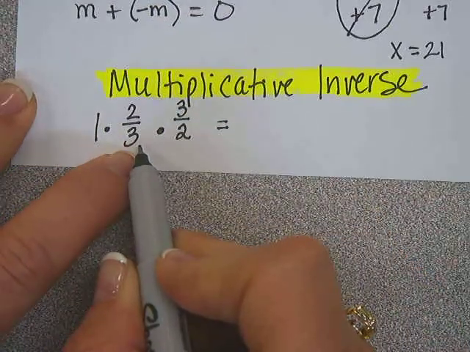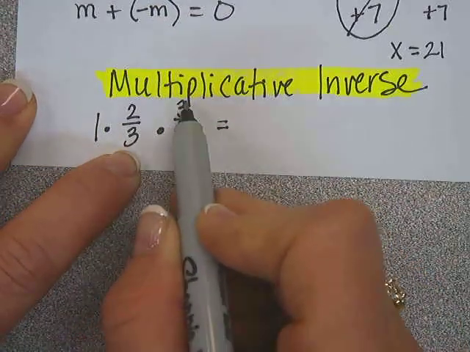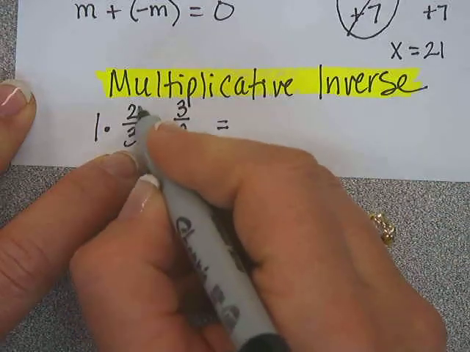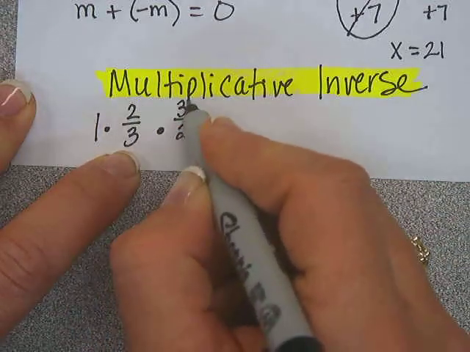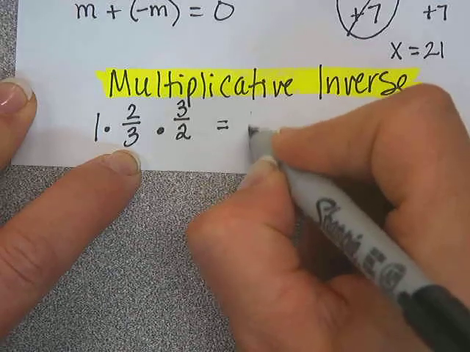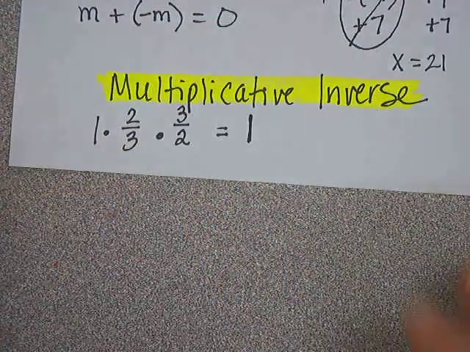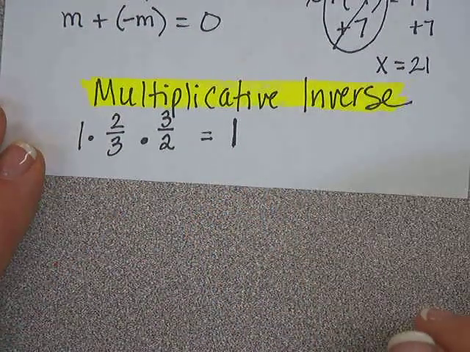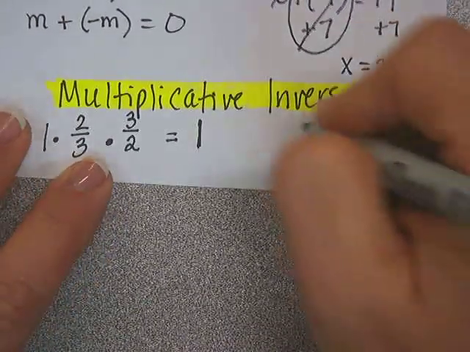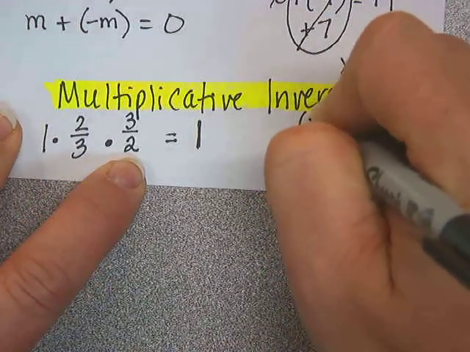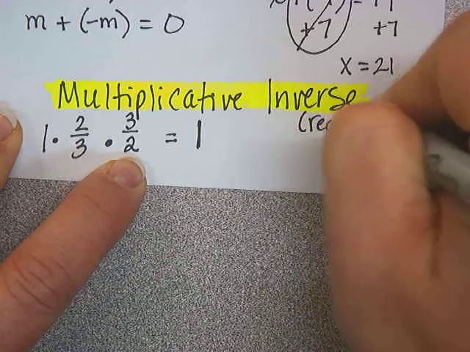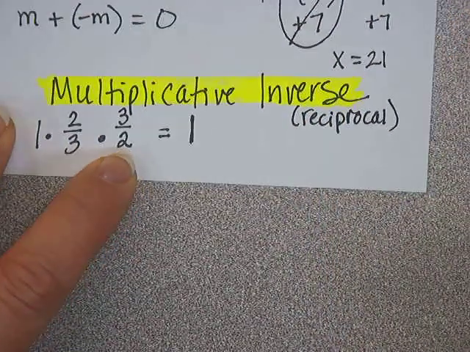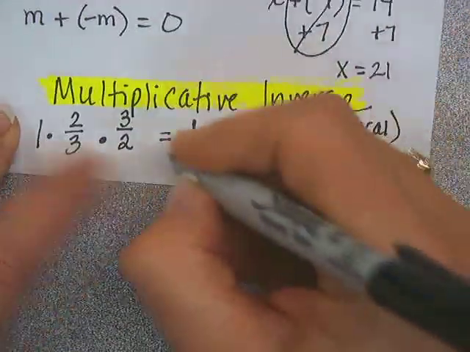If we start with the number 1 and we multiply it by 2/3, if we then multiply by 3/2, notice that the 2's are going to cross reduce, the 3's are going to cross reduce, and we're right back where we started with the number 1. So another name for a multiplicative inverse is reciprocal.